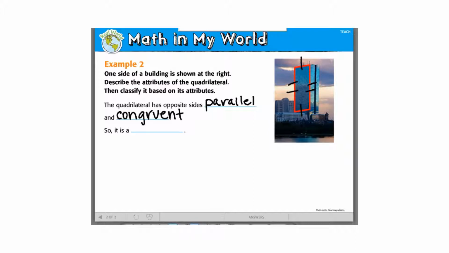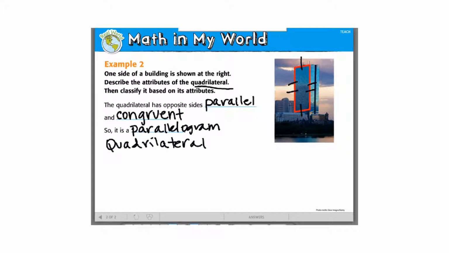Hamza. You could call it a quadrilateral. Do we have to write that, or only just one? Well, they actually say describe the attributes of the quadrilateral. So what else could it be called, Ashley? It could be called a parallelogram. So that shape can only be called a parallelogram or a quadrilateral.